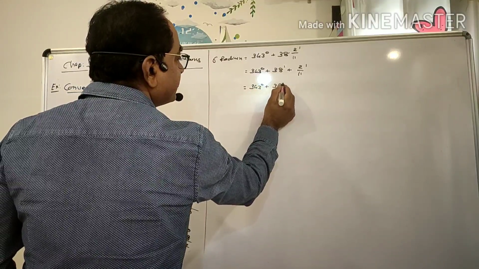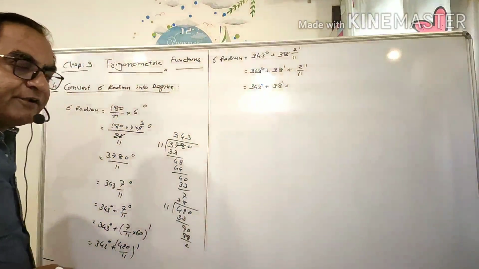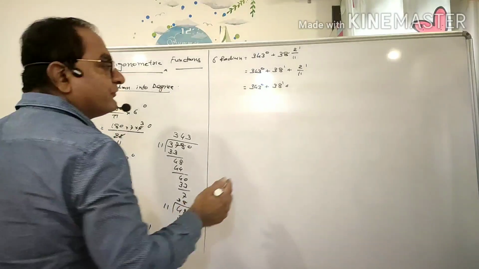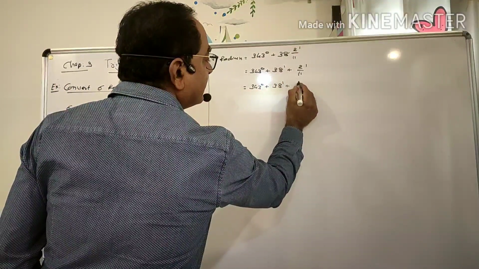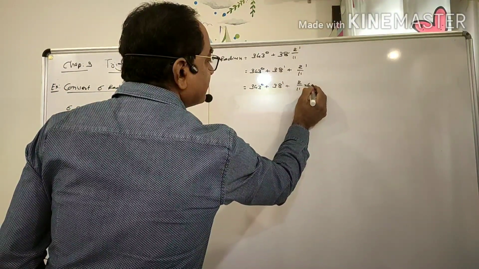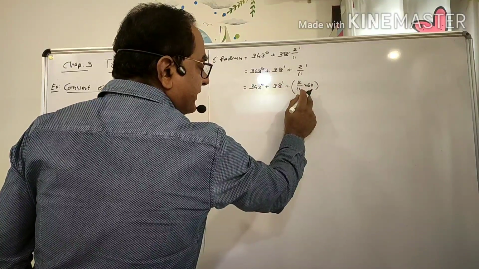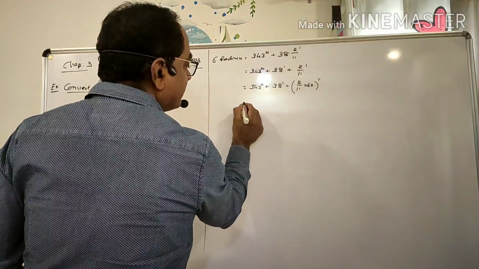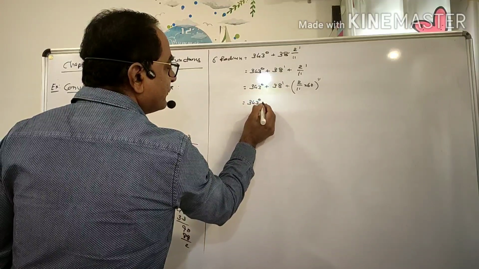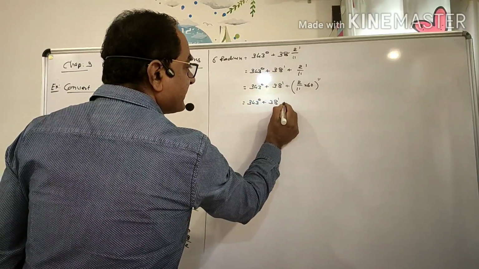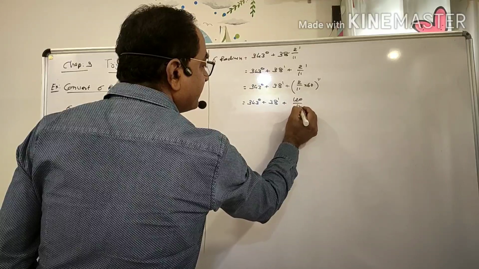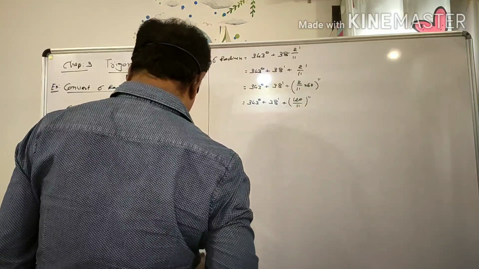343 degrees, 38 minutes. This fraction part of minutes we will convert into seconds. For that, we will multiply by 60. When I multiply minutes by 60, it becomes seconds. So it is 343 degrees plus 38 minutes plus 120 by 11 seconds.